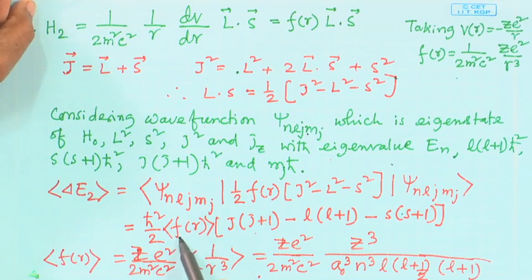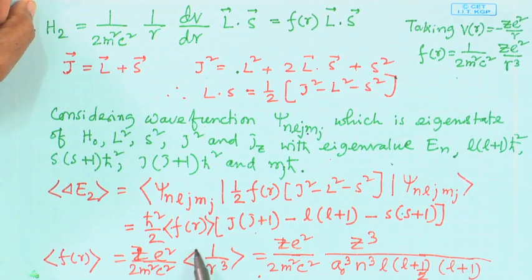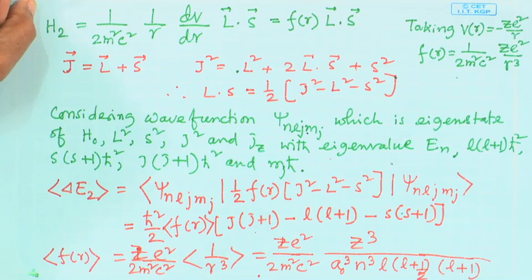So one has to find f(r), and here obviously you are getting the eigenvalues J(J+1), L(L+1), S(S+1). Now in the function of r, whatever the 1/r³ is there, one has to find the expectation value of 1/r³ for this wave function.